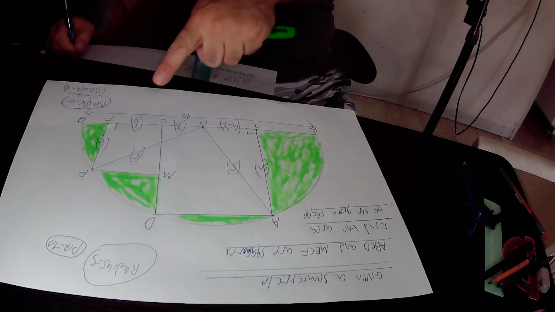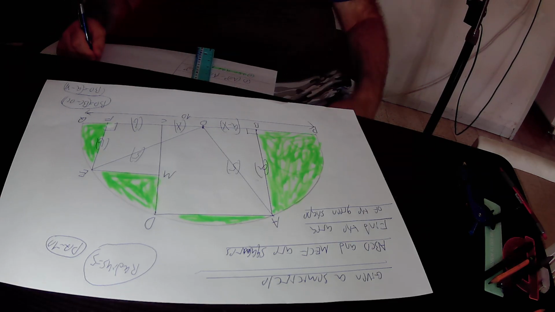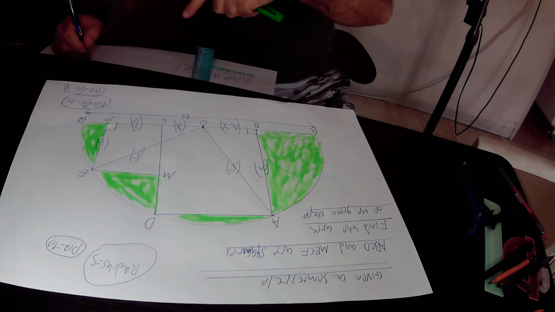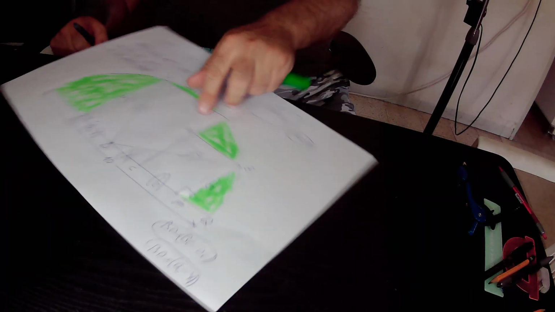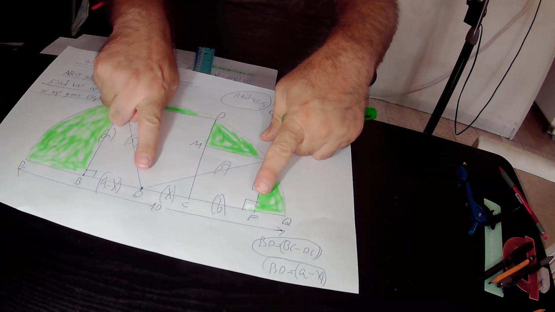The hypotenuse OE equals 5 units in length. This is also the radius of the semicircle. EF equals B units in length. And side OF in total equals X plus B.